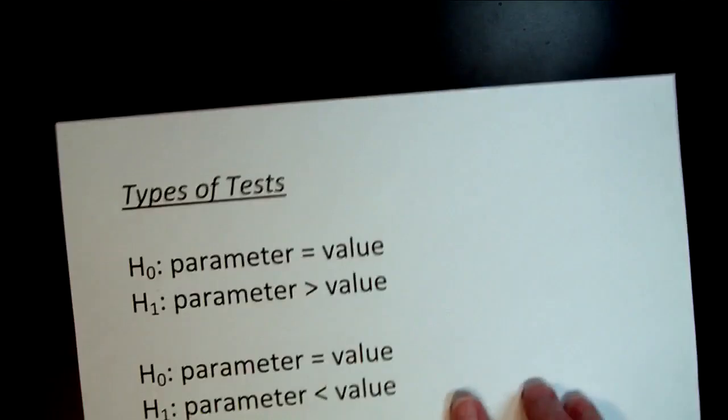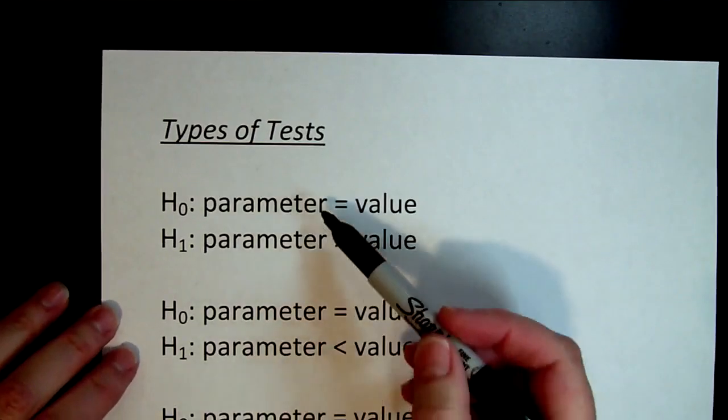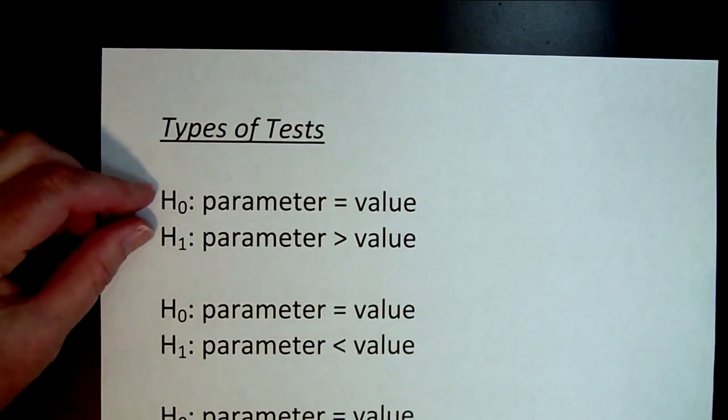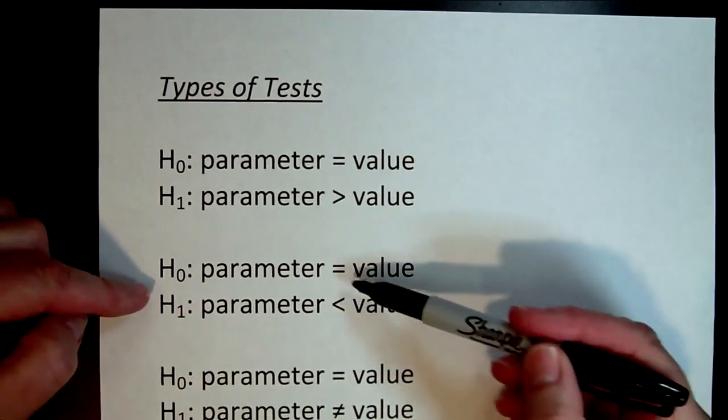Okay, and then the other thing we didn't fill in in that section was types of tests. But notice that there's basically three sort of versions of null and alternate hypothesis that we've looked at. Now, the null hypothesis always has the equal sign in it.